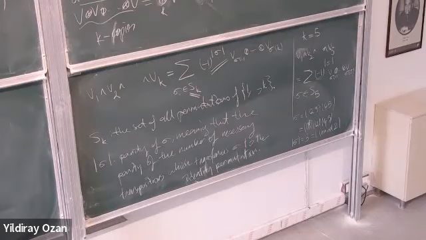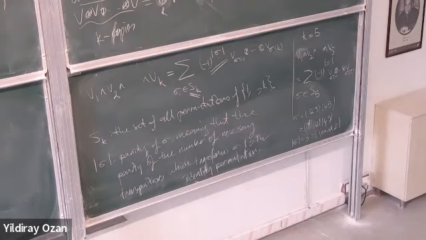Let's do some examples. Let's say in R3, so my vector space is R3, and we take 3 vectors.